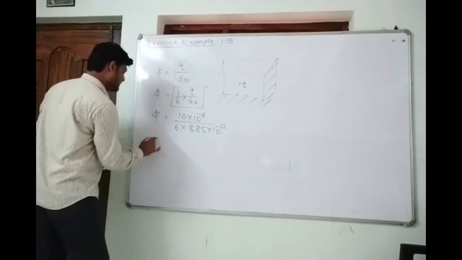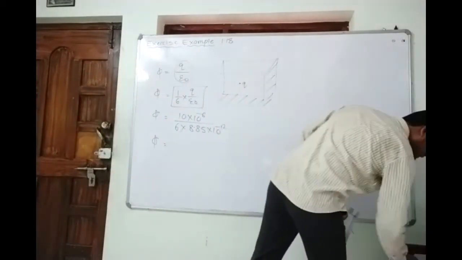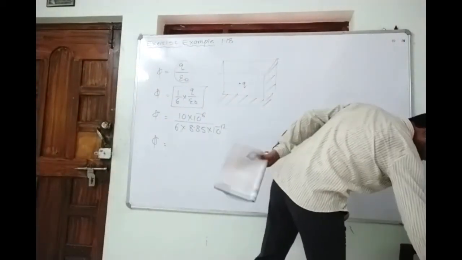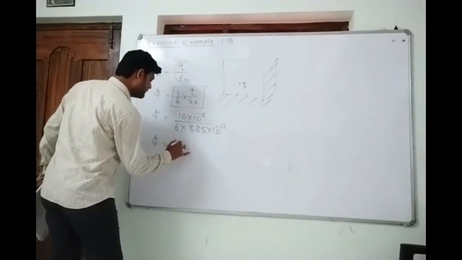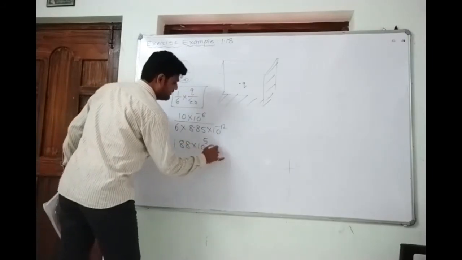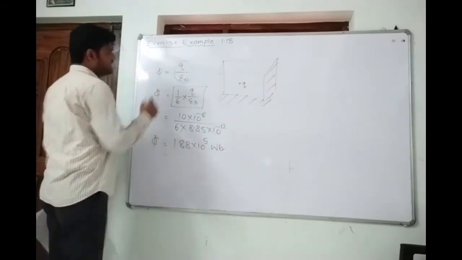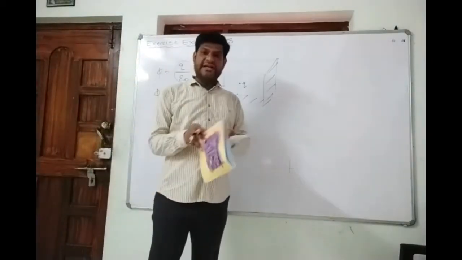So this is the flux. By calculating this, you will get the answer, nearly equal to 1.88 times 10 to the power 5. It was your example 1.18.